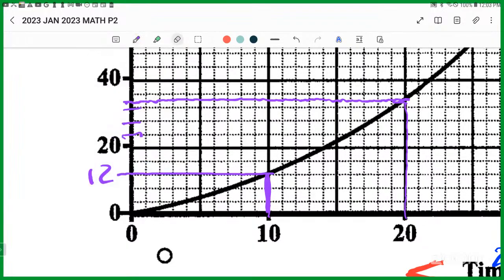Let's go again just to make sure. This is 20, this is 24. Each interval is 4. This is 28, and 4 more makes 32, then 4 more makes 36. So it means that this mark is 34. Right here is 34.